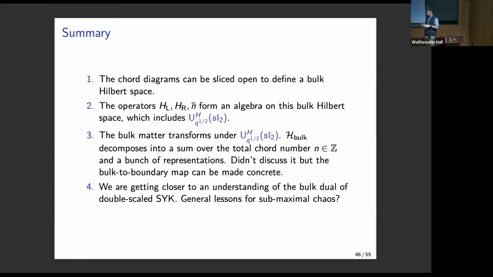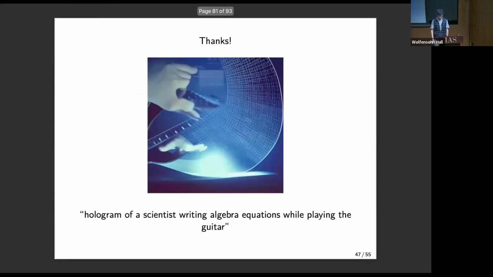So it's some very fancy bulk reconstruction. The analog in super Yang-Mills would be like doing a bulk reconstruction that includes all stringy corrections, right? So this works well in a regime where the chaos exponent could be quite small. So we're getting perhaps closer to an understanding of the bulk dual, and perhaps there are also some general lessons for sub-maximal chaos. Thanks very much.